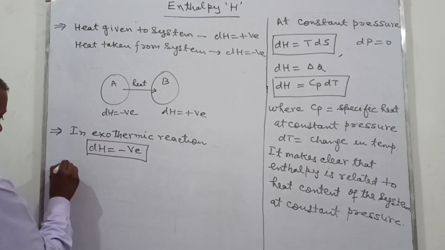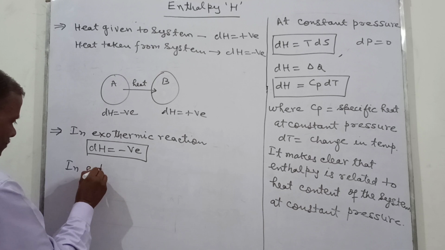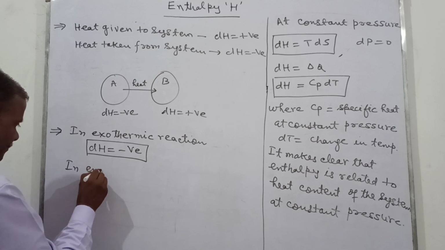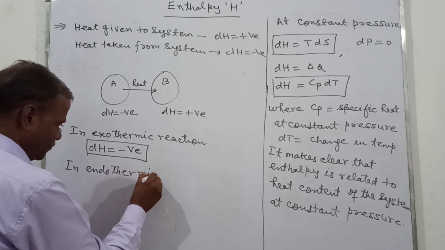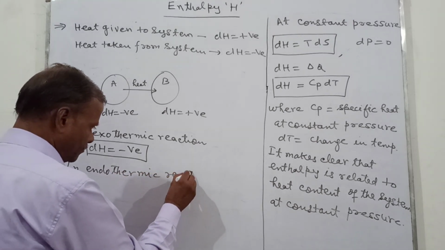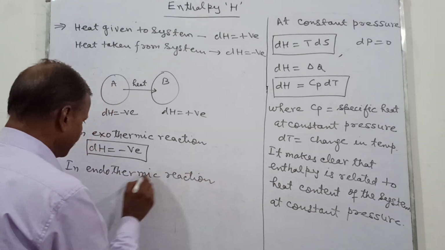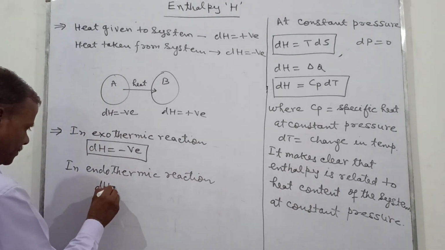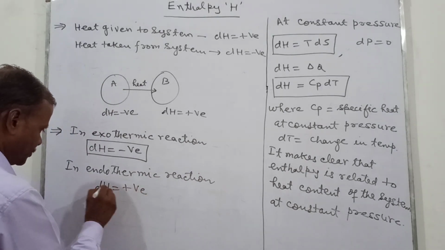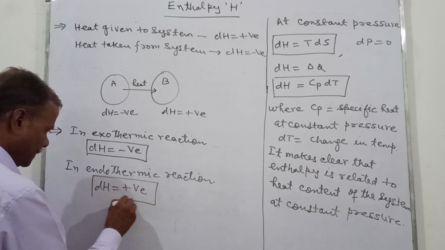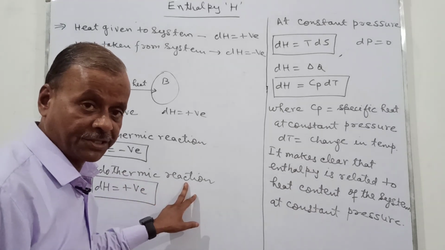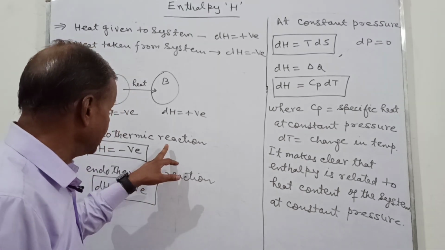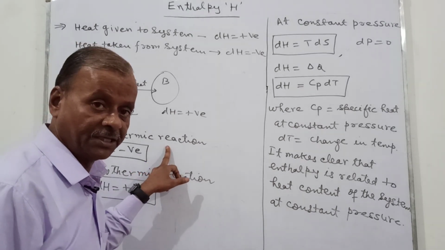And in endothermic reaction, dH equal to positive, because here the heat of the system increases, and there the heat of the system decreases.